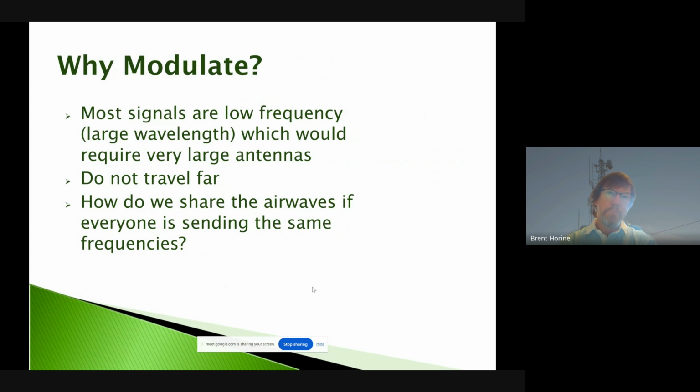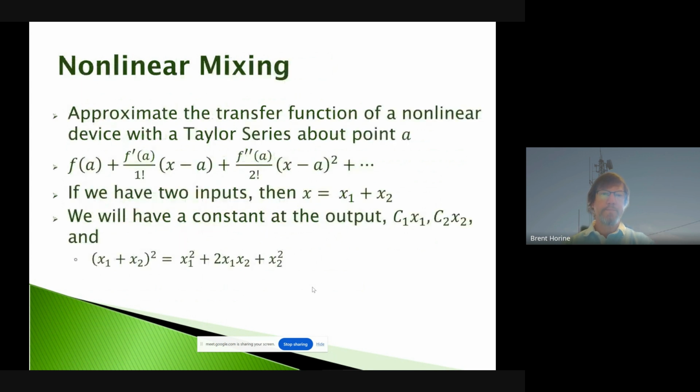And so by modulating the signal to different parts of the spectrum, we can use our filtering technology at the receiver to select only those frequencies that we're interested in, and then demodulate or down convert it back down to the information frequencies and extract that signal back out.